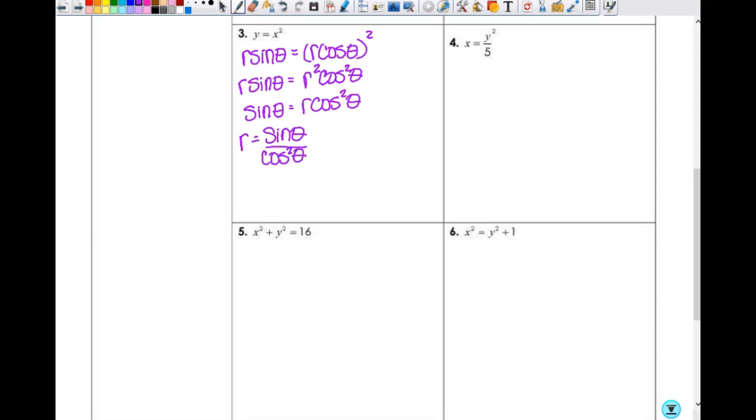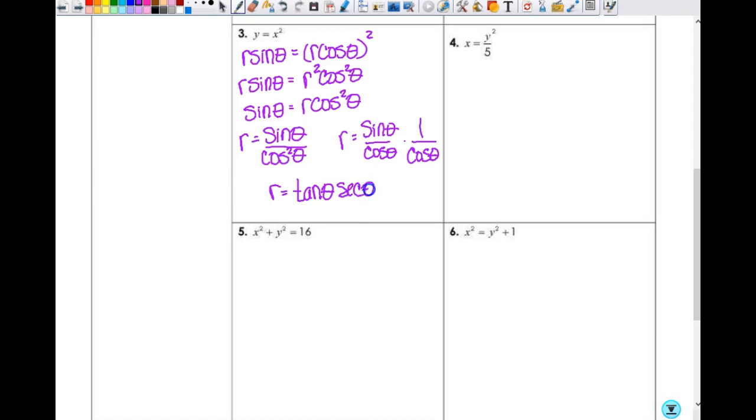Does that give me tangent theta? Not just, it's not just tangent theta, right? Does that make sense? We understand that because one of them is squared, one of them is not. So r is equal to sine theta over cosine theta times 1 over cosine theta. So what is sine theta over cosine theta? Tangent theta. And what is 1 over cosine theta?